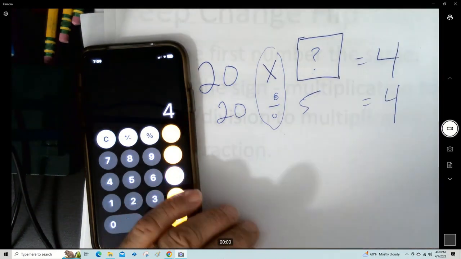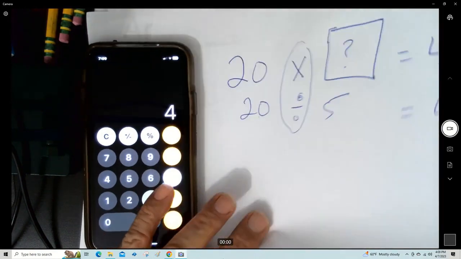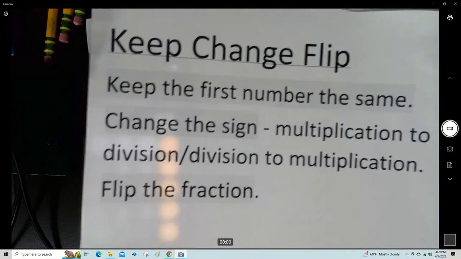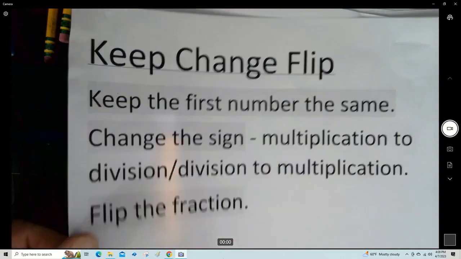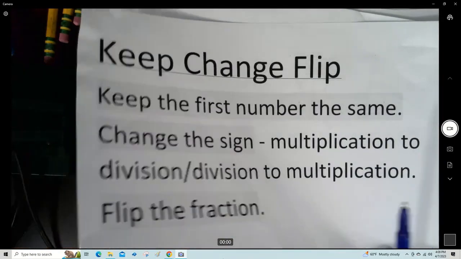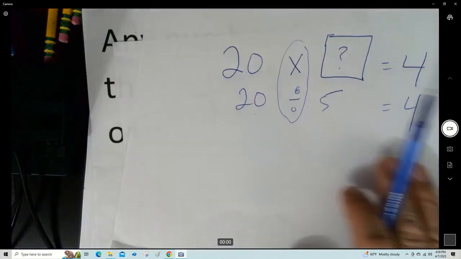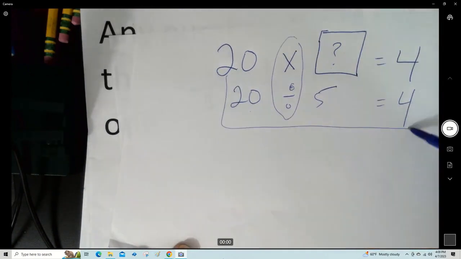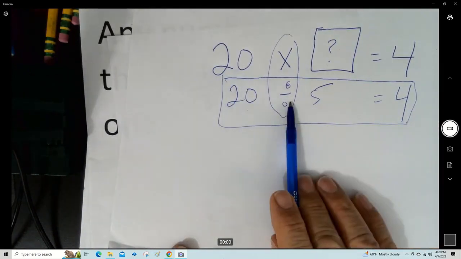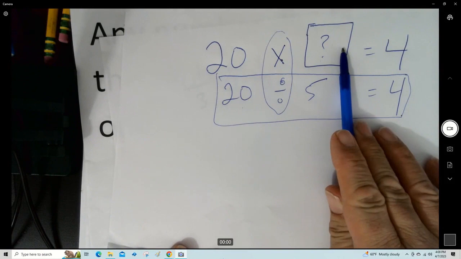So if we go to that little saying, keep, change, flip, we keep the first number the same. Let's keep the first number the same right here, because we want to go from division to multiplication so that we know what number goes there.